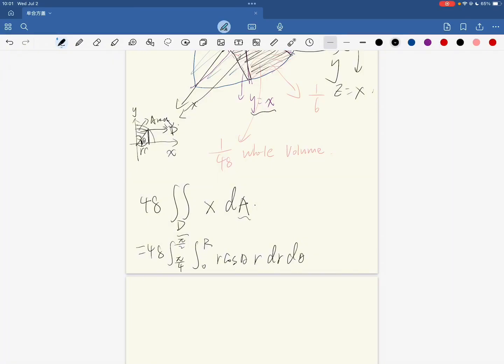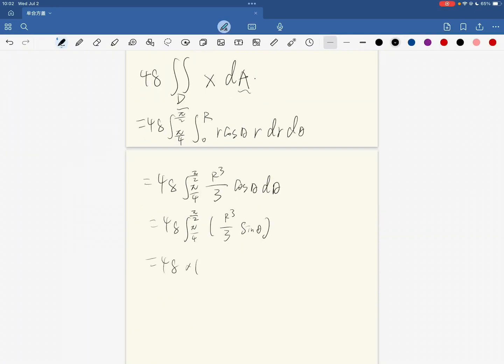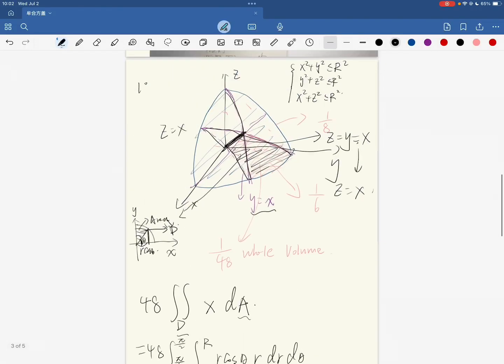Then it's just a simple calculation. Okay, this is method 1.